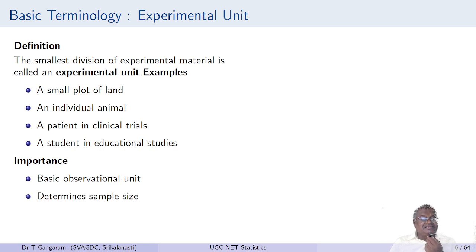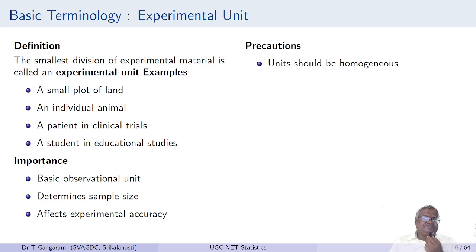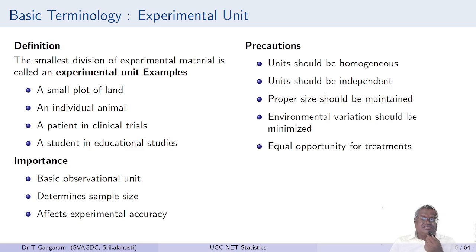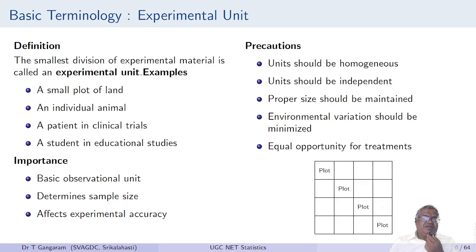It determines the sample size and affects experimental accuracy. The precautions are: the unit should be homogeneous, must be independent, proper size should be maintained, environmental variation should be minimized, and equal opportunity should be given to all treatments. These are the plots, plot 1, plot 2. These are the experimental units.